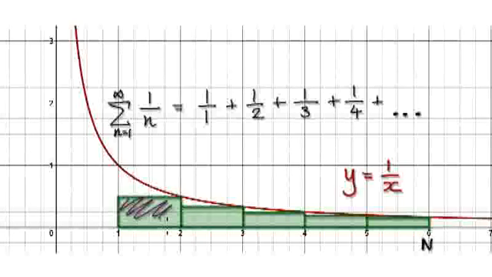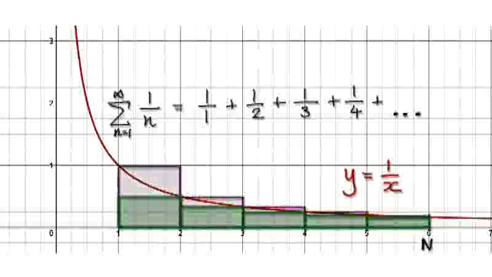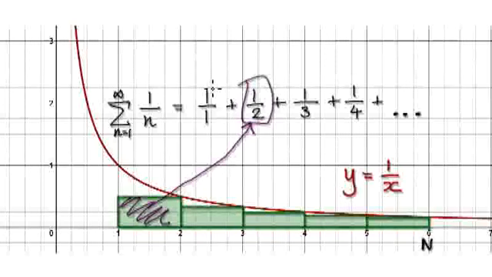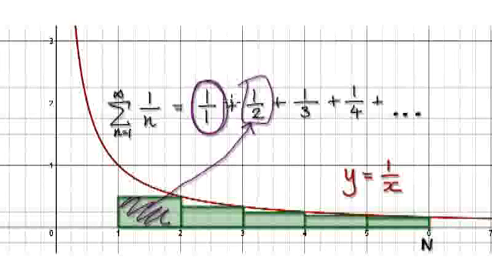Remember the upper one would be this, but now we are going to use Riemann's lower sum. The first term would be this, and this area here would actually represent a half, because when we come to do the Riemann's lower sum, we actually miss out this first part here.